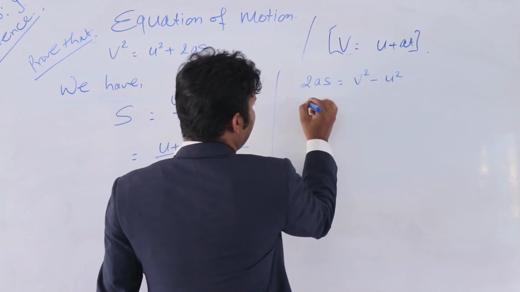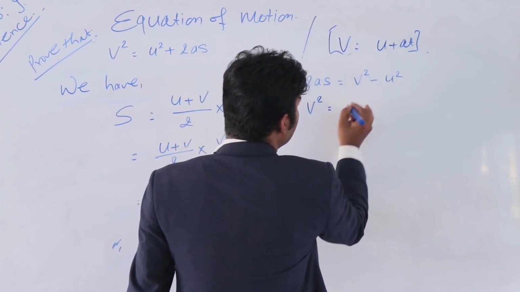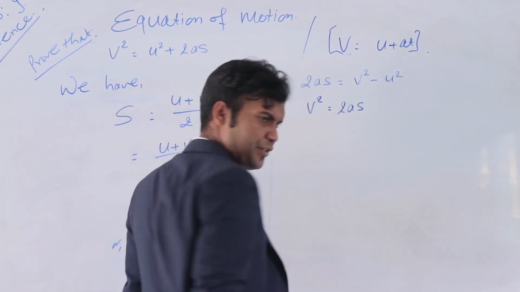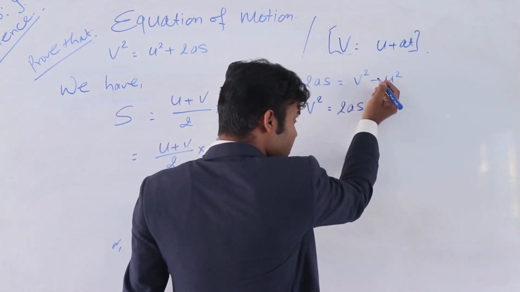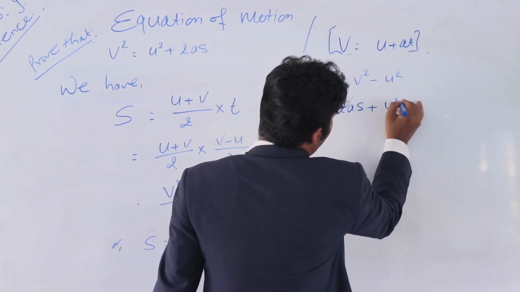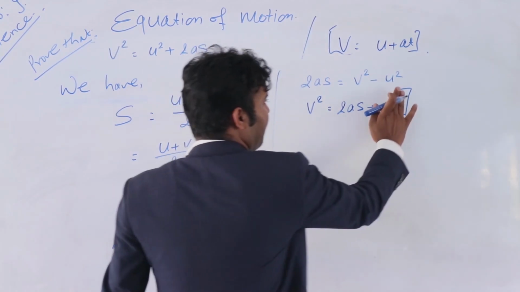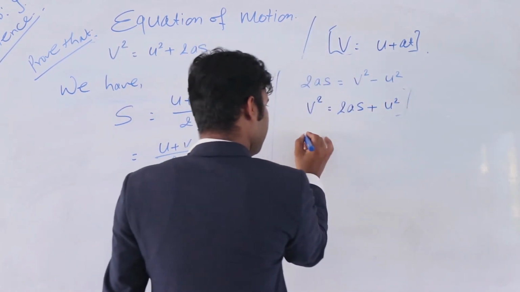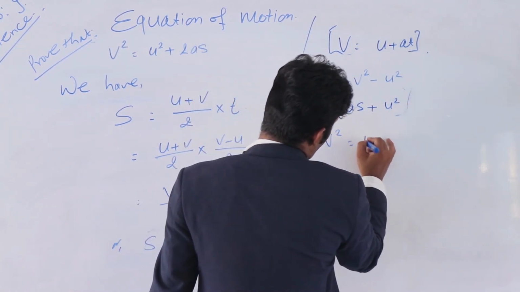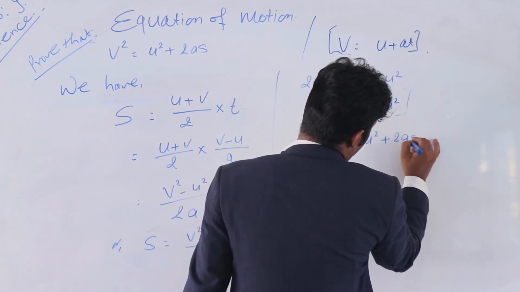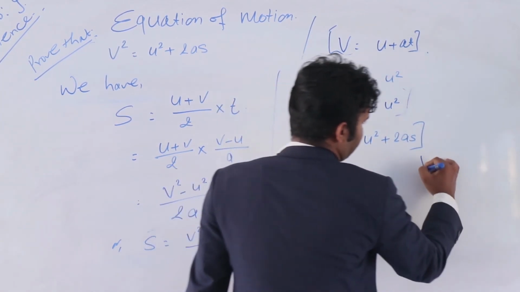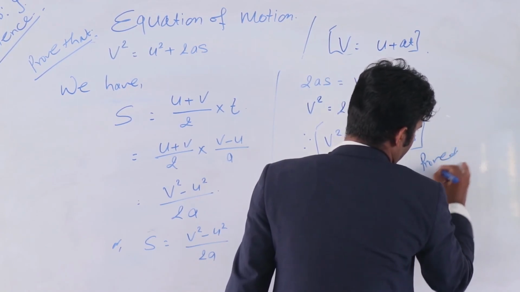Now, V square is equal to 2AS as it is, the minus moves here, and plus U square. Therefore, V square is equal to U square plus 2AS. Proved.